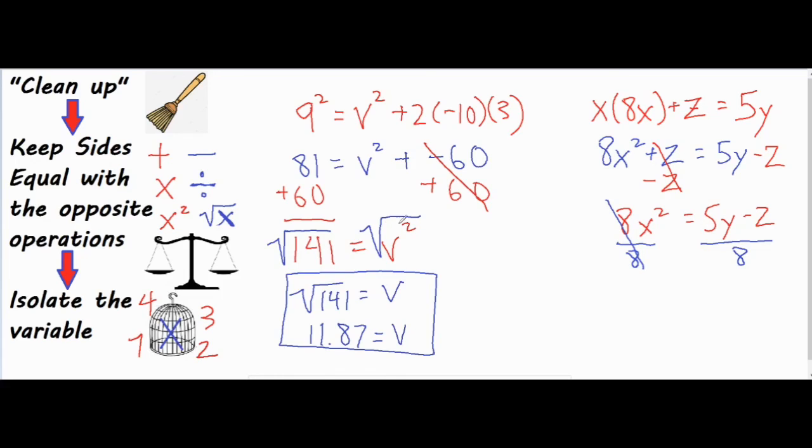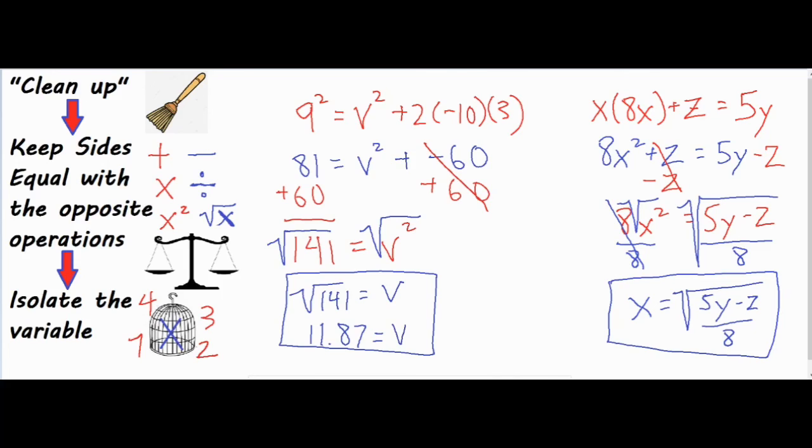And just like we did on this side over here, anytime you have a squared value, you want to square root it. So once I square root my x, then I'm going to square root this entire side. And then my final answer is x equals the square root of 5y minus z over 8.